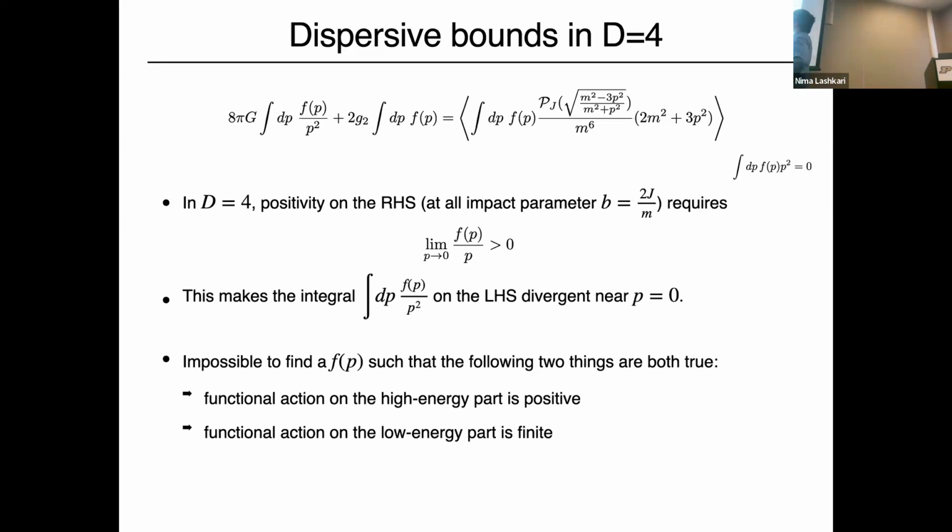On the other end, if you can find it, you will get some inequalities on the lower energy side. But it turns out that in 4D, it's impossible to find such a function such that the high energy side is positive and the lower energy side is finite. So it seems like such a functional cannot exist.